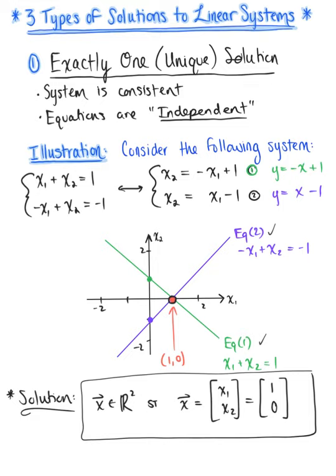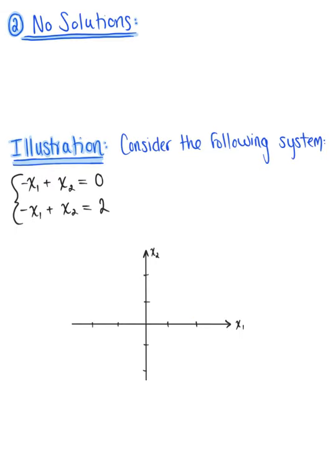What about the other two? So the second type of solution to a linear system that we need to consider is the case where there are no solutions. So we say that systems with no solutions are inconsistent systems. So again, systems with no solutions are inconsistent.